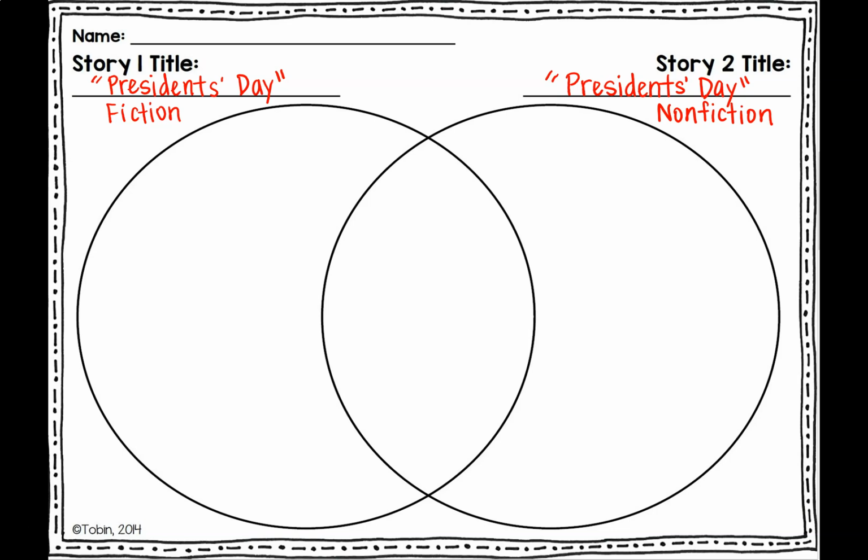Let's start with how they were similar. Okay, how are these two texts similar? Well, probably the easiest one to write down. So you're writing this down with me on your paper. So both texts gave us information about President's Day.